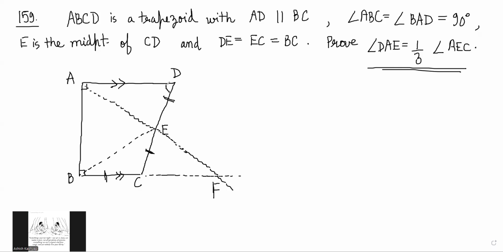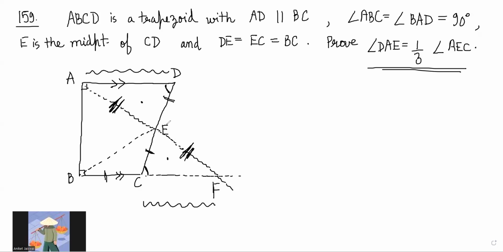So we already know this angle is equal to this angle. Yes, sir, congruent. So these two triangles are clearly congruent. That means the base CF will be same as AD, right? Correct. So that also tells us that AE is equal to EF, right?